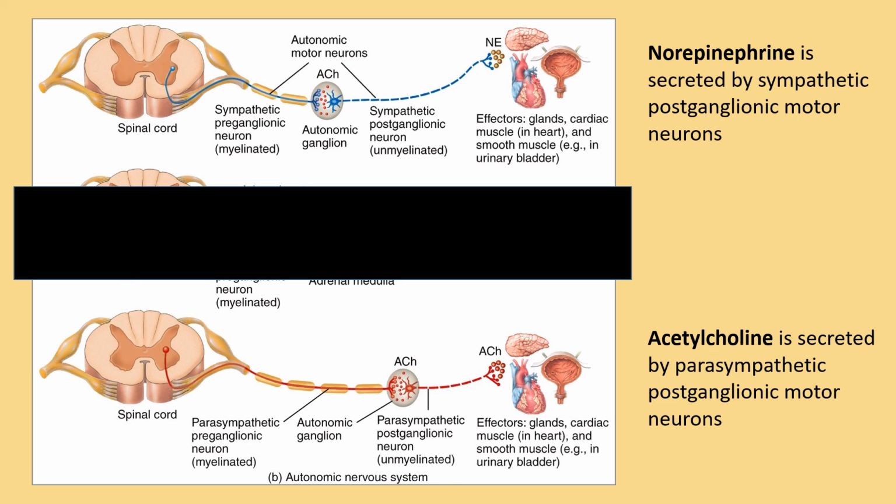And so, for that salivary gland and for the heart, that salivary gland will be stimulated by acetylcholine. So saliva production will increase in response to an increase in parasympathetic stimulation. Whereas the heart, those cardiac muscle cells, will slow down heart rate in response to acetylcholine.